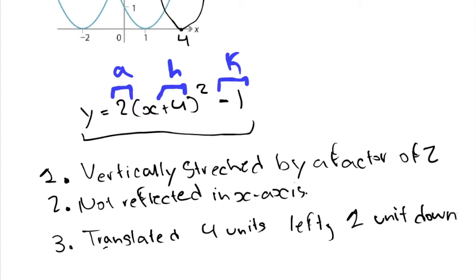This is the case because the vertex, which is basically the tip of the parabola, the highest point or in some cases the lowest point of the parabola, is of course (-4, -1), as it was translated 4 units to the left from 0, which makes it -4, and 1 unit down from 0, the origin, which makes it -1.